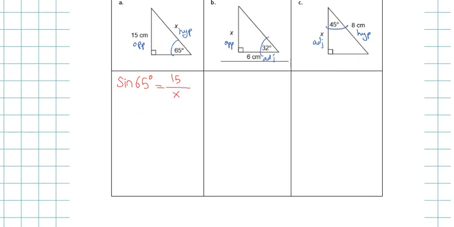But in this case, if I bring the x over, it becomes x times sine 65 equals 15. How can you solve for x? What do you have to do? Bring sine over, it becomes a what? Division, right? So I bring that sine over here, and it becomes division by sine 65.